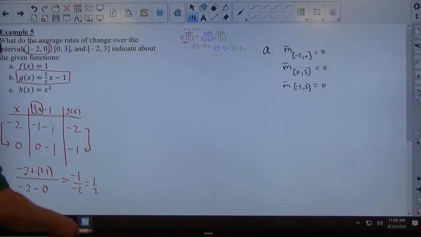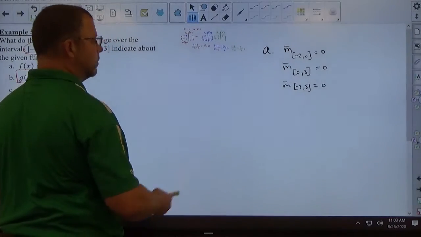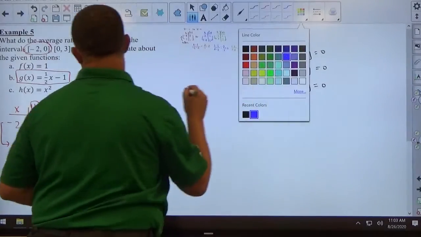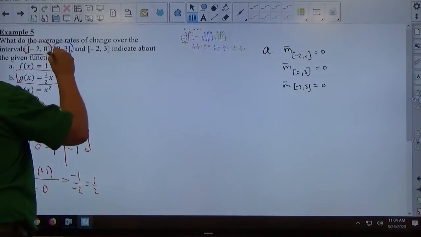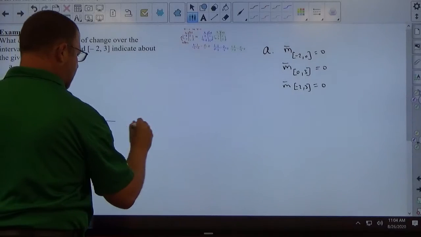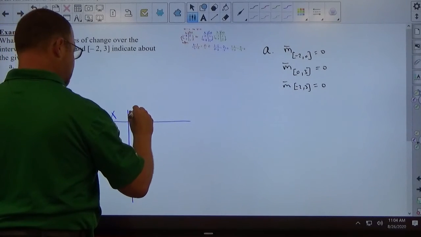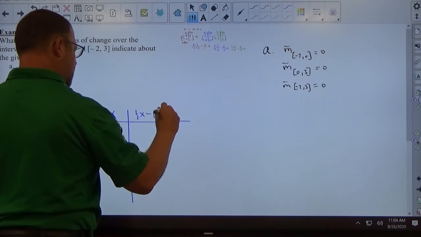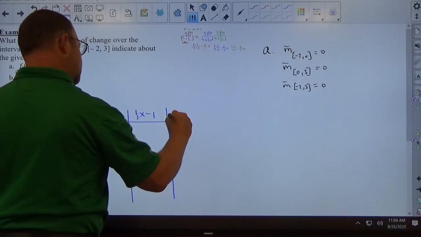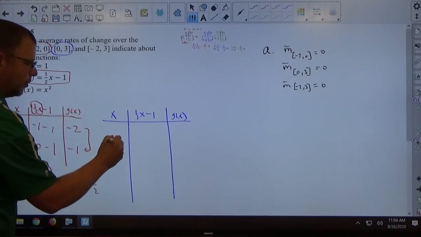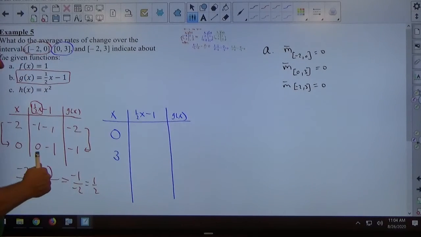The second interval takes us from 0 to 3. All right, so again, if I make an x chart here, x, 1/2 x minus 1, and g of x. I'm going from 0 to 3, so 0 and 3.